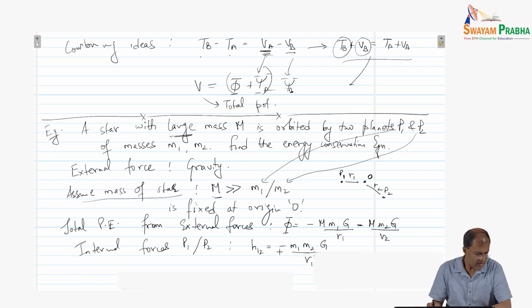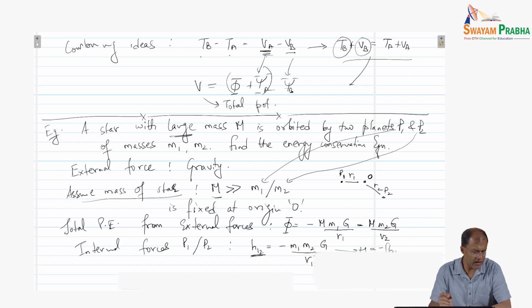These are my internal forces, and from here I can write down my internal potential energy. So from here I can integrate to find what is the potential. My potential comes out to be minus M1 M2 G divided by R12, right? So this is going to be negative of an integral of H12. Okay, so we have this external potential.